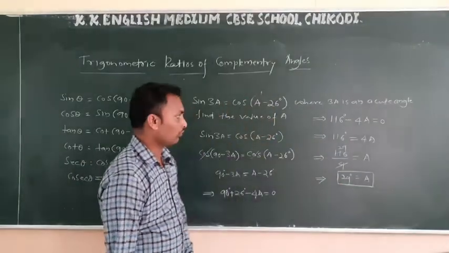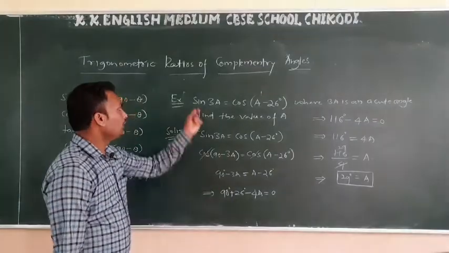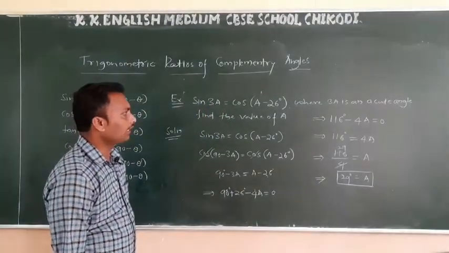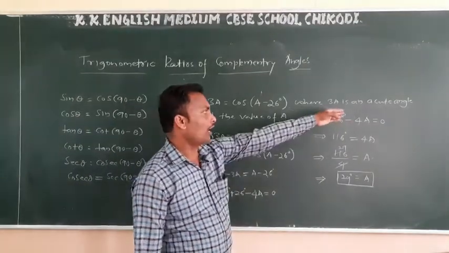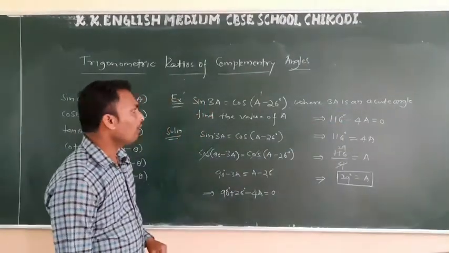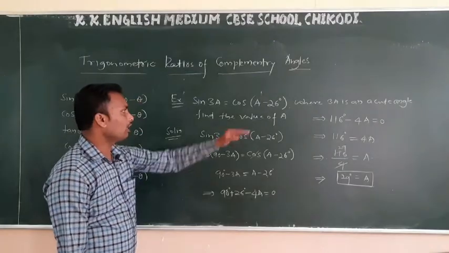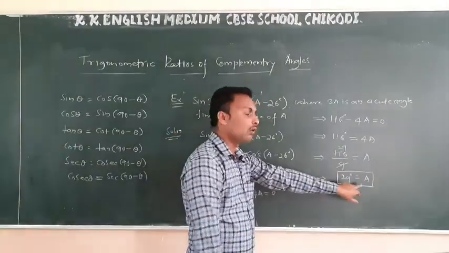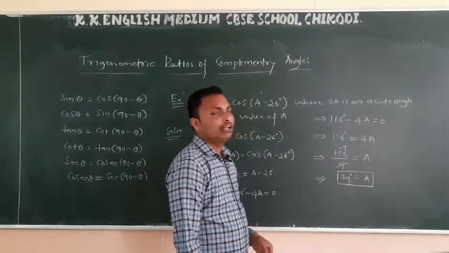I hope you understood. Once again let me explain. Sine of 3A is equal to cos of A minus 26 degree, where 3A is an acute angle. Since it is given that 3A is an acute angle, it is less than 90 degree.